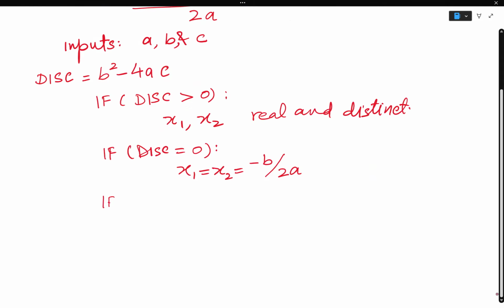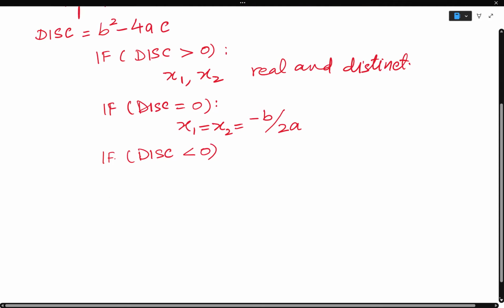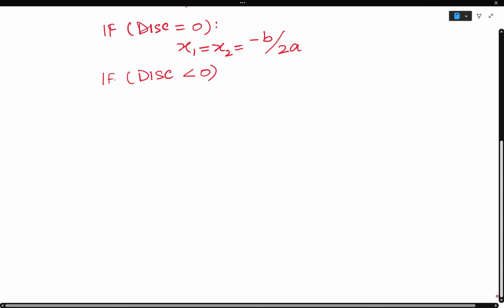The third condition is if the discriminant is less than 0, so we have to take the square root, and there is going to be a complex number, right? So in that case, we have to calculate it differently.